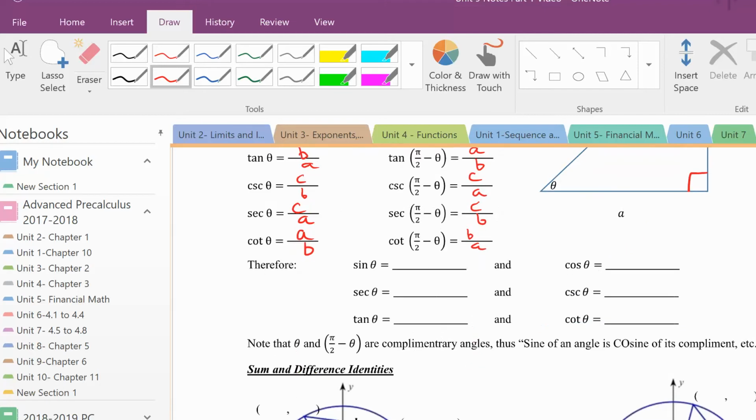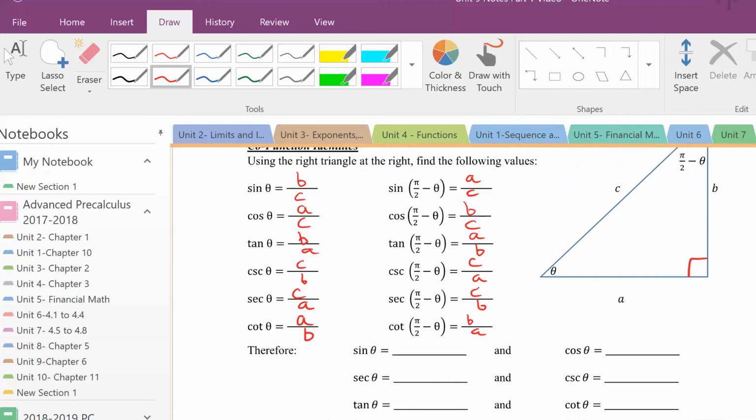So if you look at these in terms of identities, you could say the sine of theta is equal to the cosine of its complement. The cosine of theta is equal to the sine of its complement.